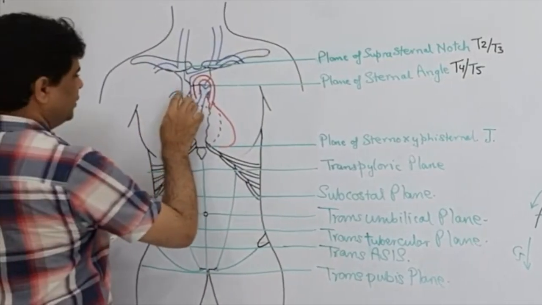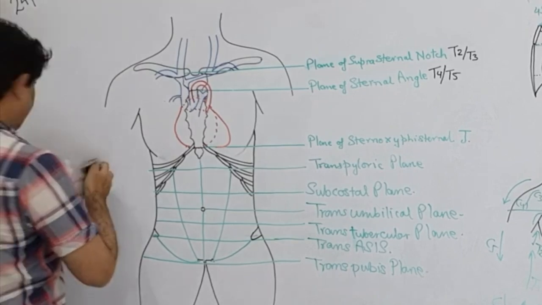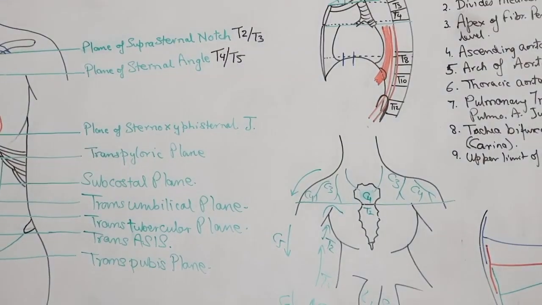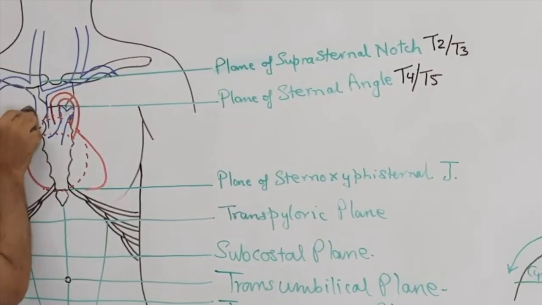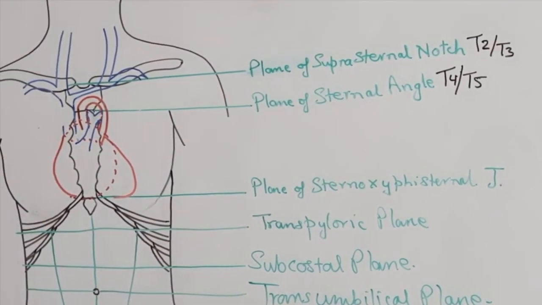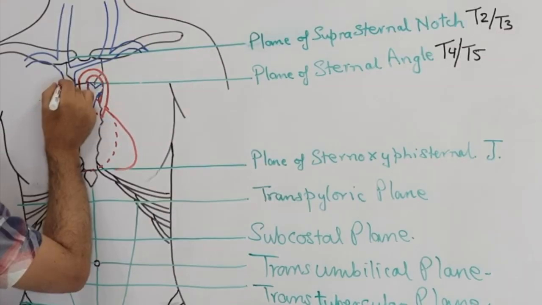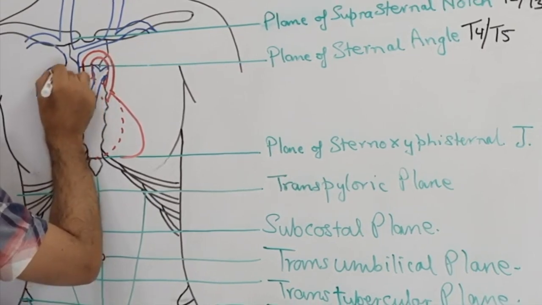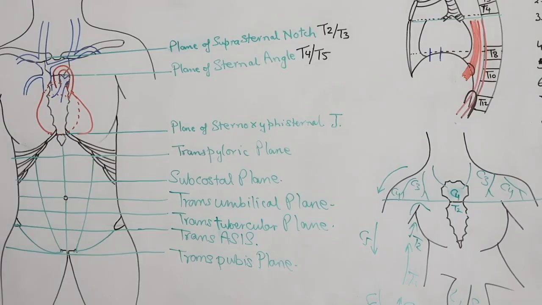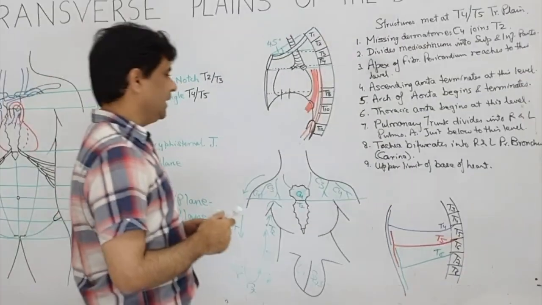As I was telling, you have the right and left hilum of the lungs on both sides, because the trachea is dividing at the same level. So you will find that the azygos vein, which enters the superior vena cava, arches over to the root of the right lung at this level.